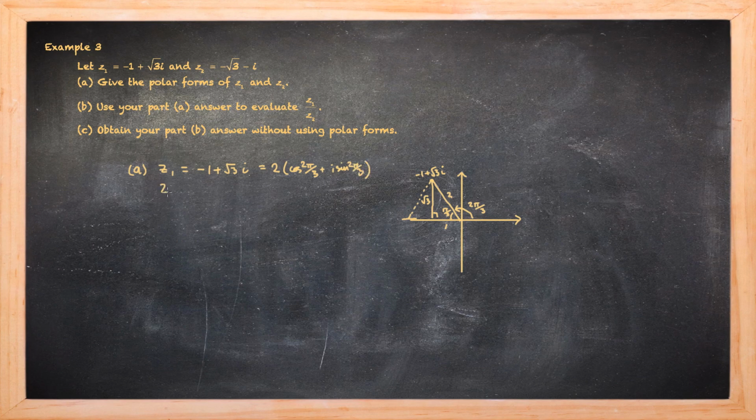And the second complex number that we're trying to find the polar form for is -root 3 minus i. And let's try and locate that.